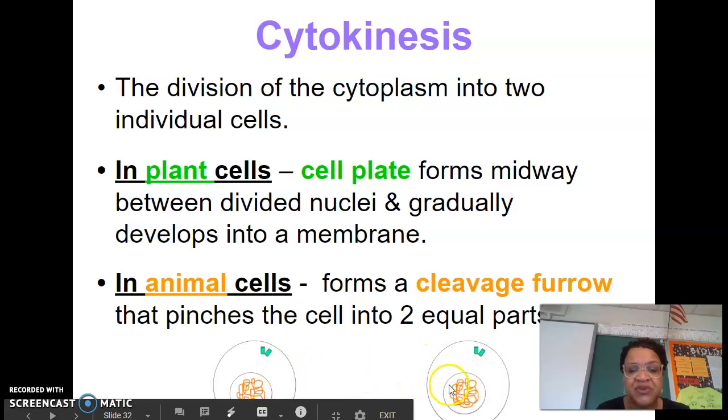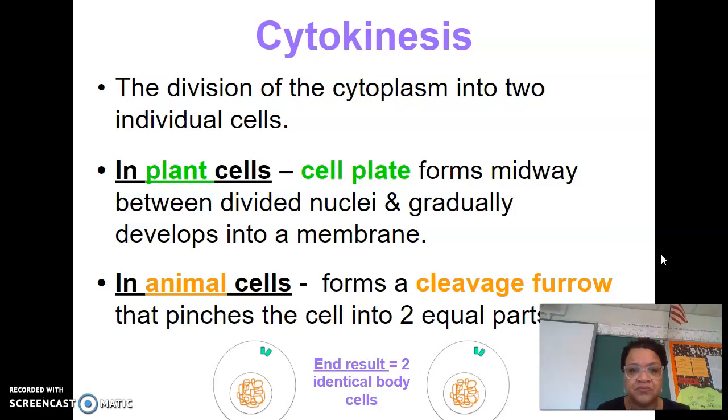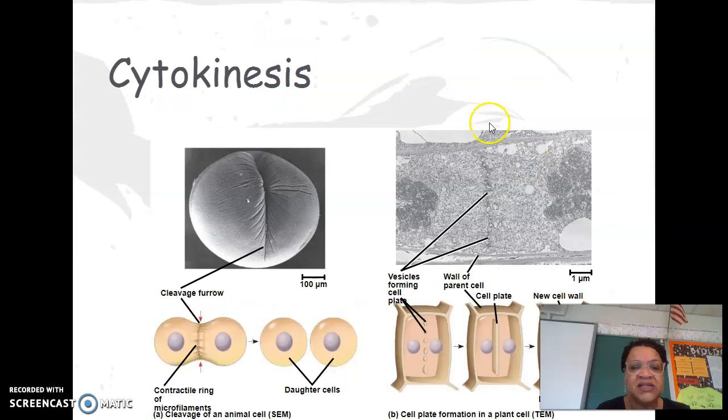And just like the previous phases, I do want you to draw this phase too. And this is what the cleavage furrow looks like in an animal cell. And this is what the cell plate forming looks like in a plant cell. And by the way, the cell plates are forming from the Golgi. Golgi vesicles are forming the cell plate.